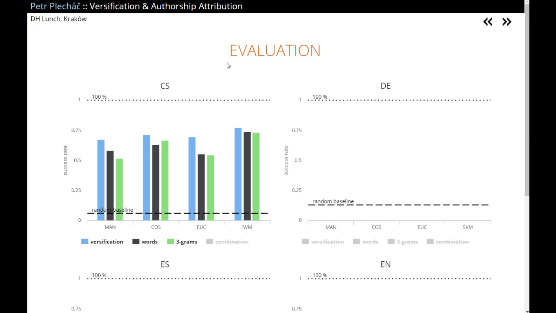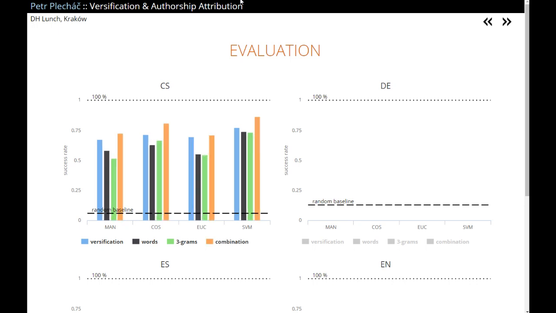Even though I expected trigrams to perform better than words in Czech for several reasons, it's simply not true. It was outperformed only with the cosine similarity, and it did not outperform versification.